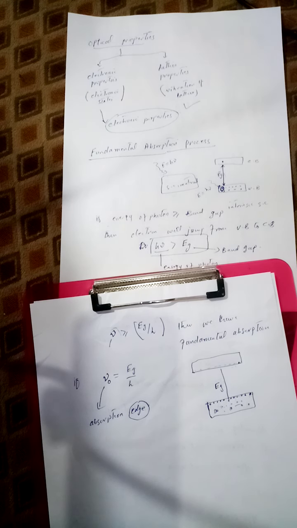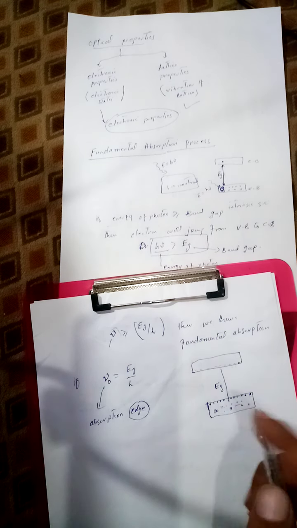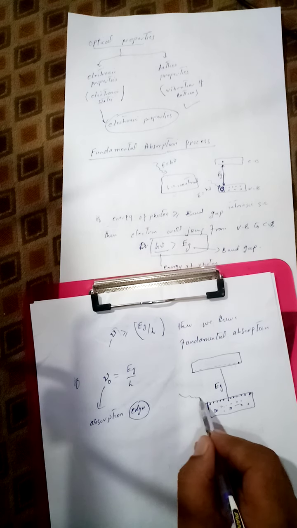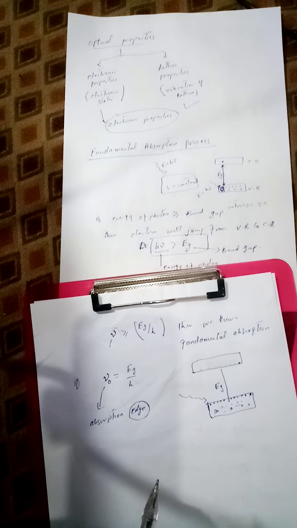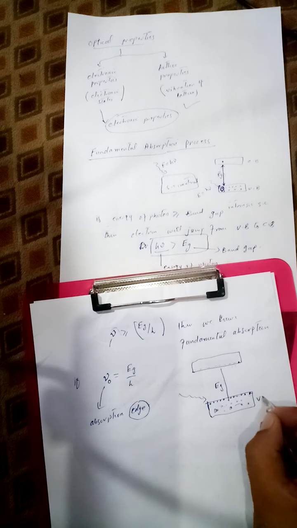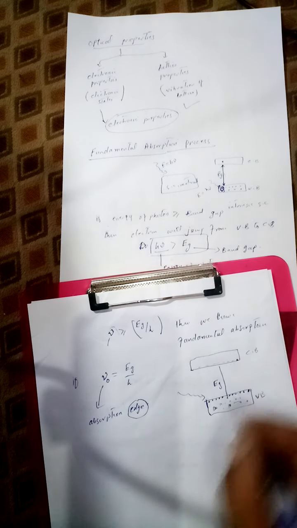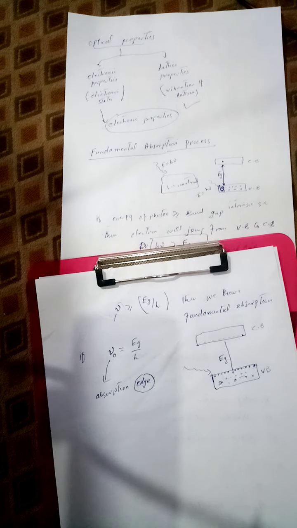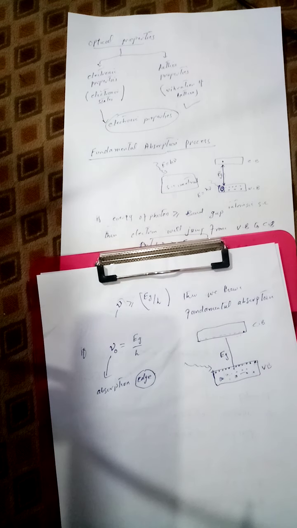So now the transition process, like the absorption of photon and transition of electron from valence band to conduction band, occurs only if total energy and momentum of the system remain conserved.